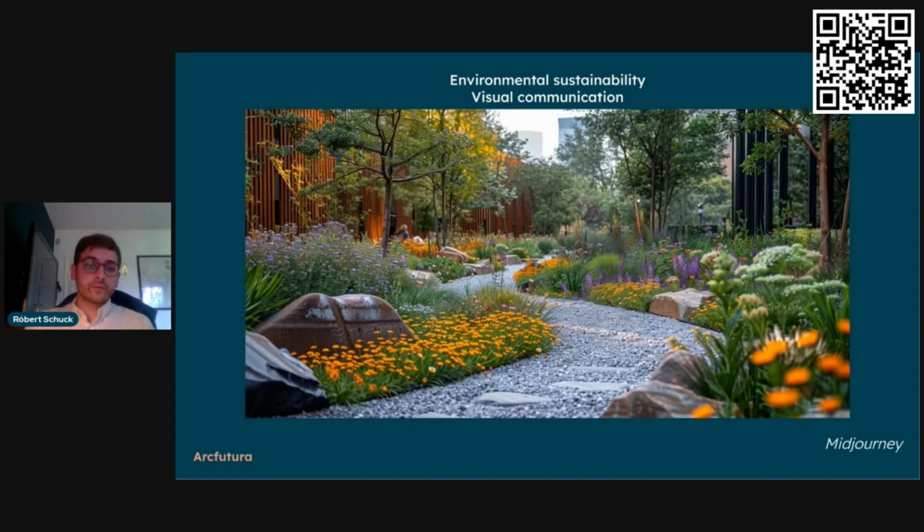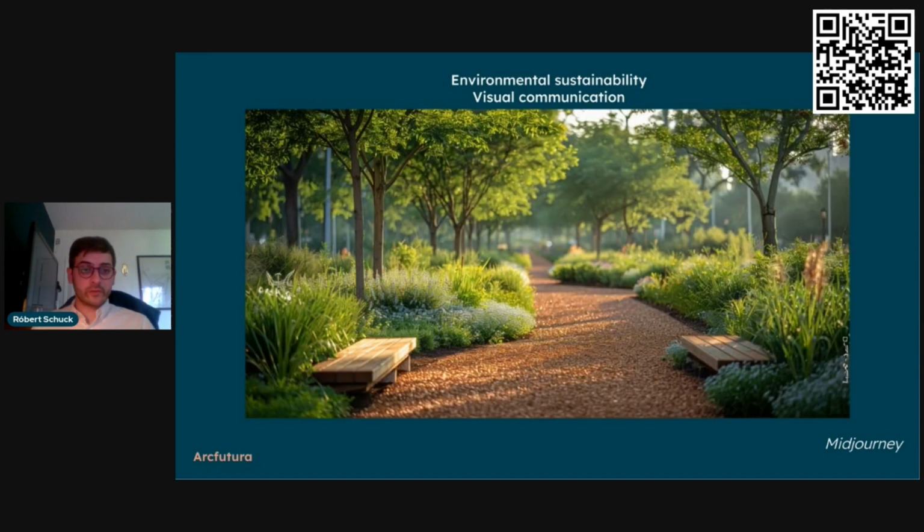And for this purpose, you can use image generators like Midjourney to create images that really sell in biodiversity and sustainability. These images you can use as reference pictures or base material for collages.